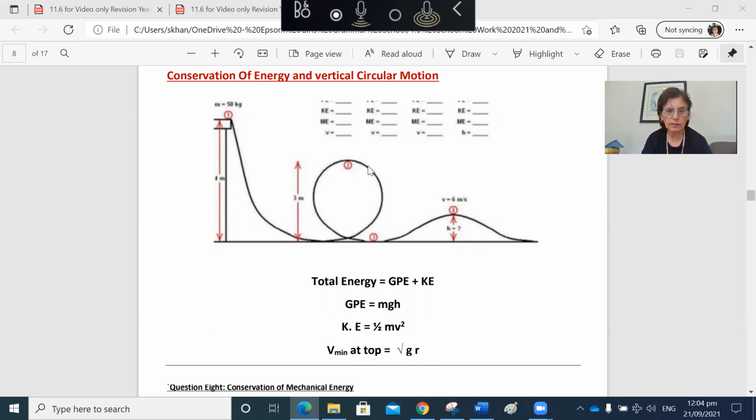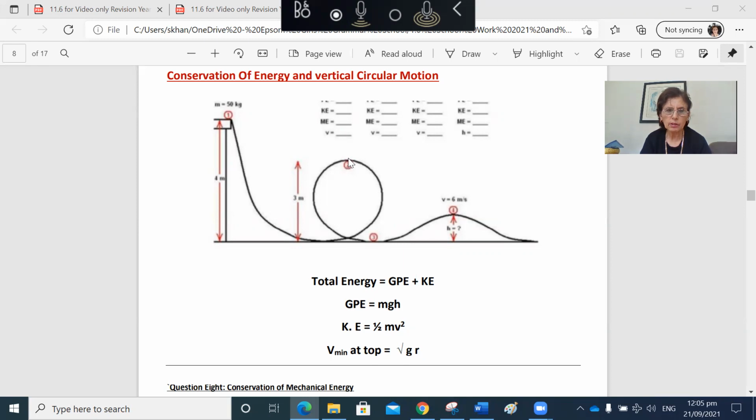Once we have calculated the speed, we can calculate the kinetic energy at this position by using half mv squared. Then the radius of the motion is from here to there, so the total height will be twice more. Then you can calculate the gravitational potential energy by using this formula.